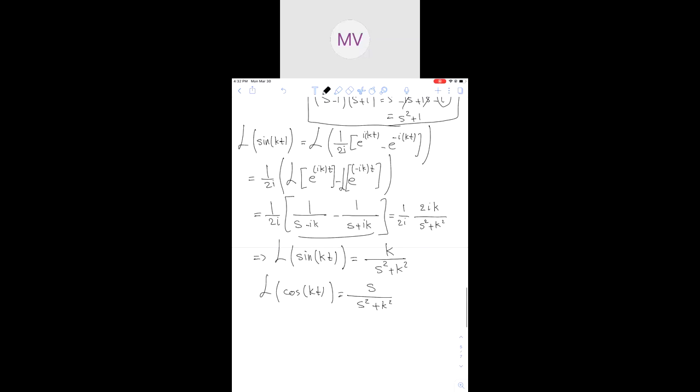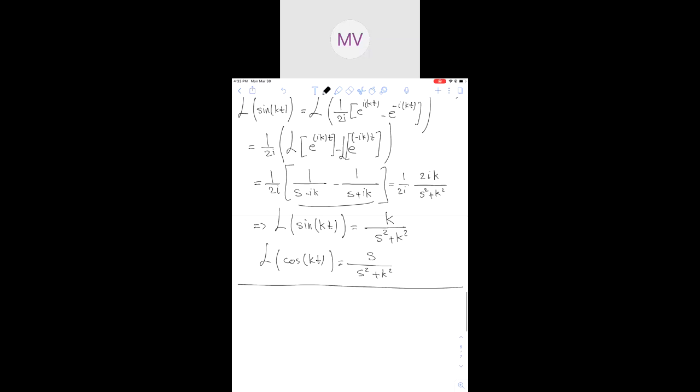Okay? Basically, for sine, the numerator is constant, k. For cosine it is the variable s, okay? But the denominators for both of them is the same, s squared plus k squared. And same scenario for sine hyperbolic and cosine hyperbolic, in fact, but instead the denominator is s squared minus k squared. That's the difference.